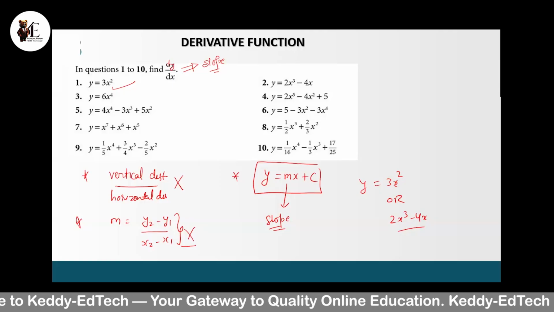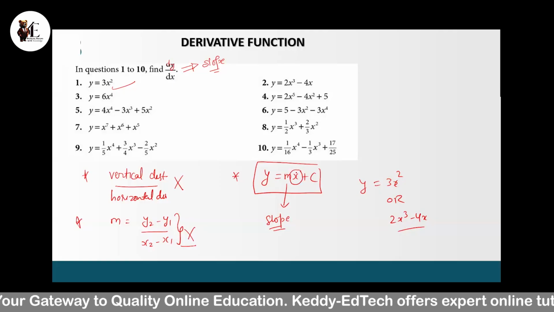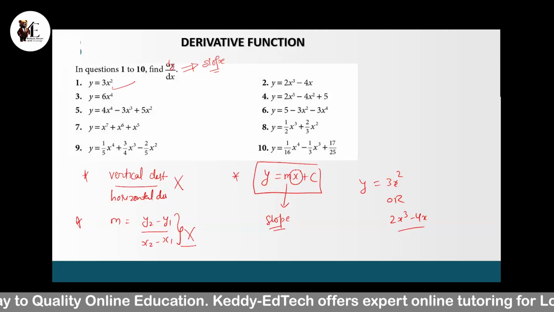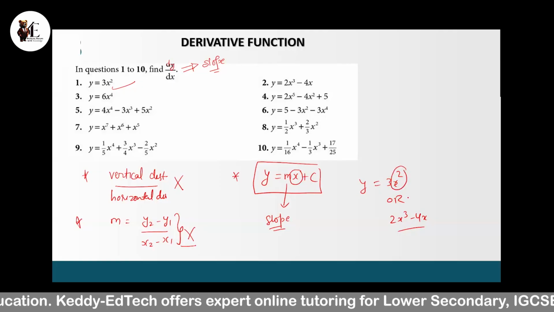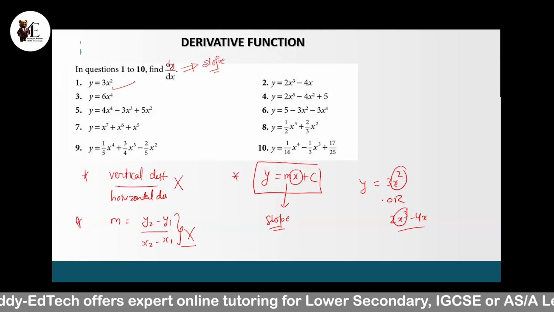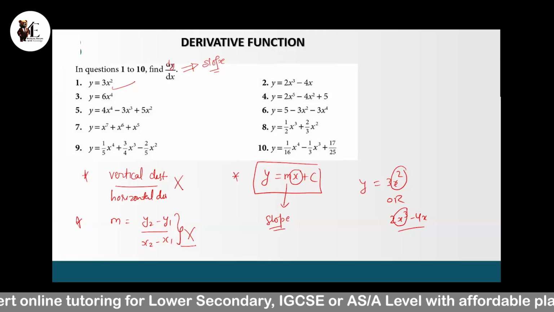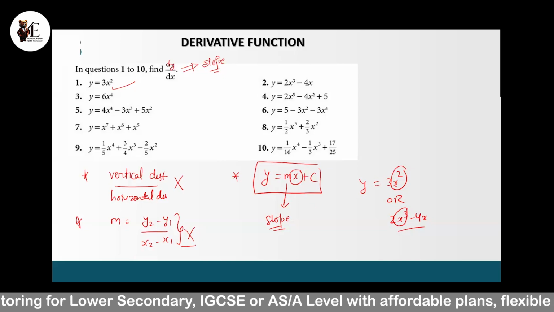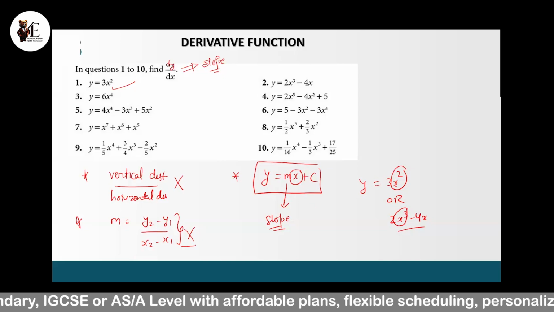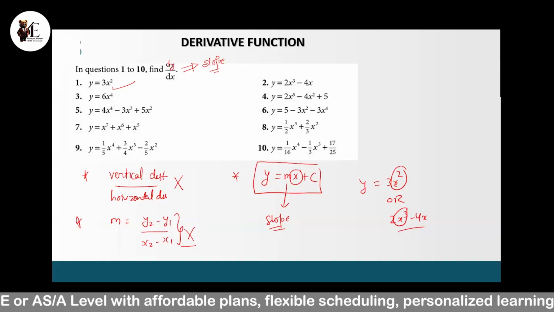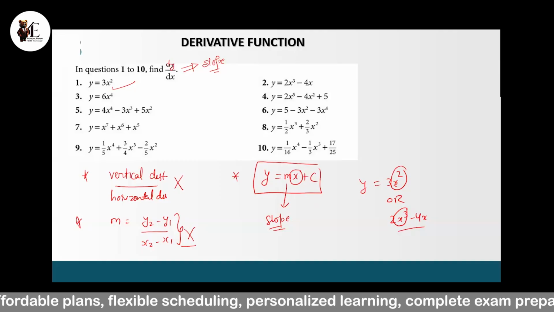And here we have y equals mx plus c, where there is a variable but its highest power is 1. But here we have different powers. Here the power of the variable is 2. Here the power of the variable is 3. So in such questions, we prefer differentiation. When you differentiate the equation of a line, like y equals 3x square, you find dy over dx, and that is known as the gradient of a line.